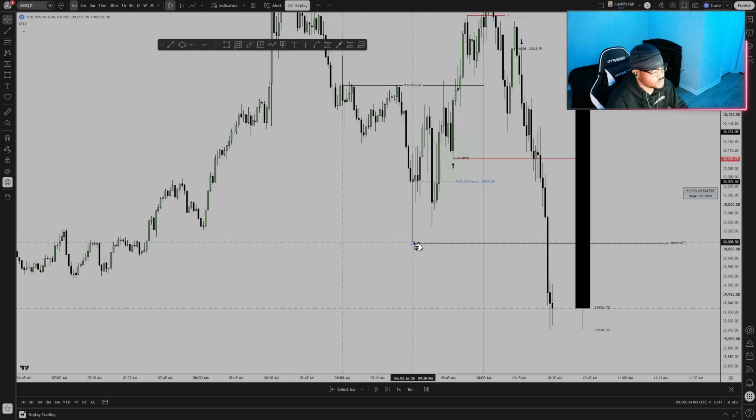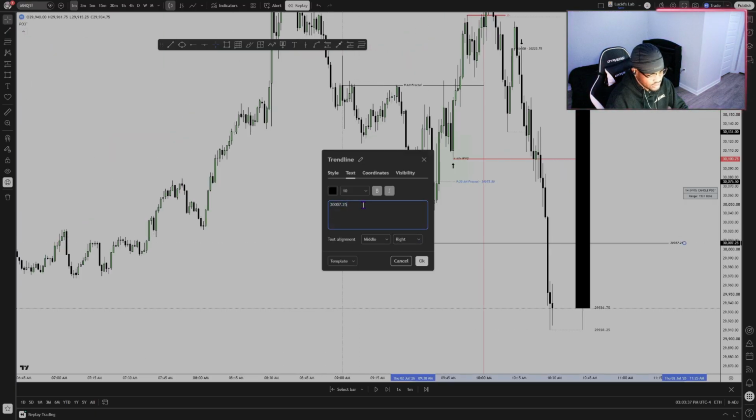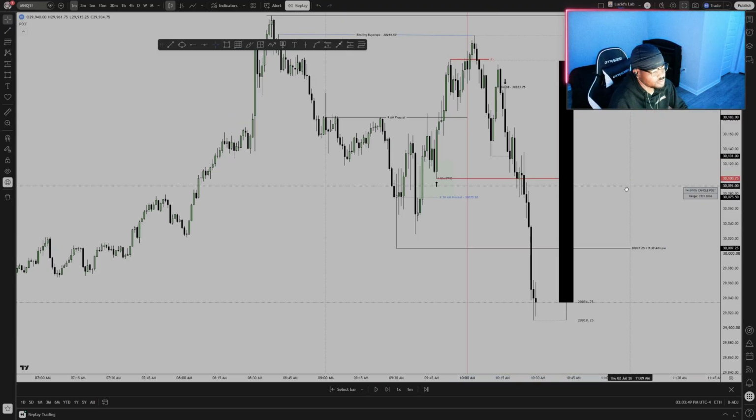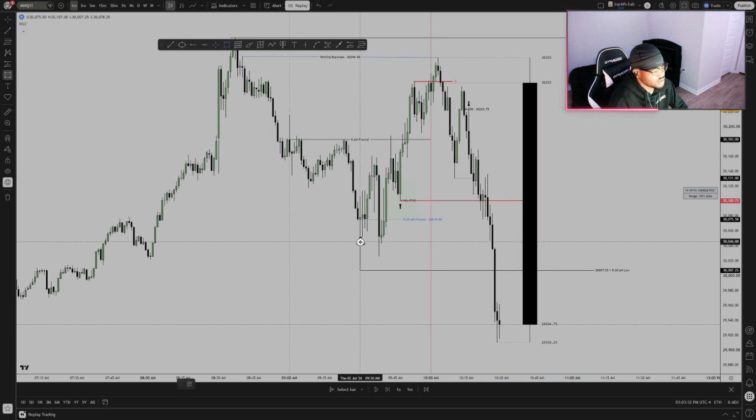And this level here was pretty much that 9:30 a.m. low. The low of the current dealing range that we've pretty much expanded away from. So price is always creating dealing ranges, but this is pretty much the dealing range that we've been sitting within.